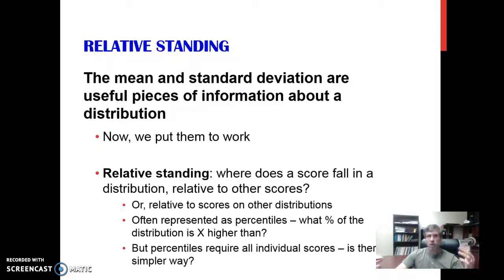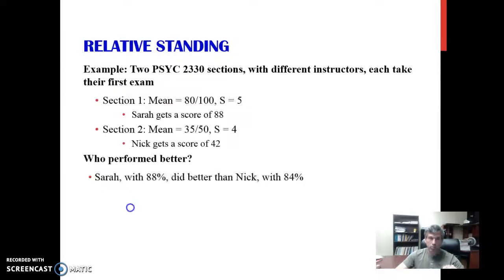The way they calculated the percentile on that standardized test, they had every single score on that test. They looked at the exact number that were above you, the exact number that were below you, and just basically divided. However, with just a little bit of information about a population, we can calculate percentiles without necessarily needing every individual score. Here's how that works.